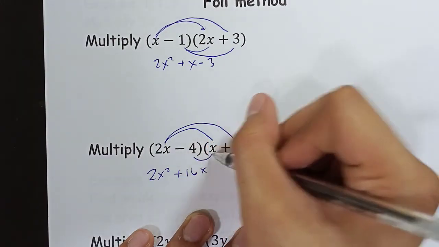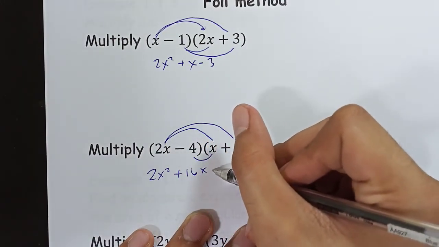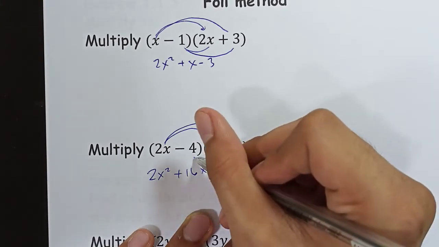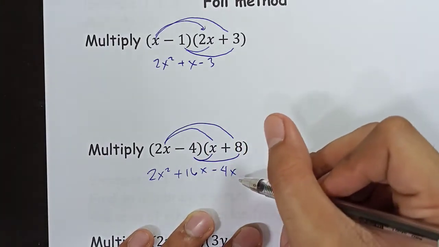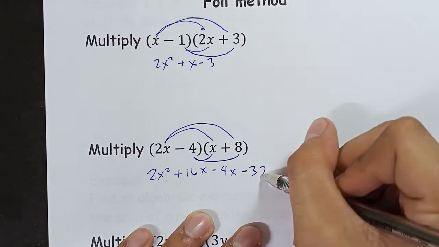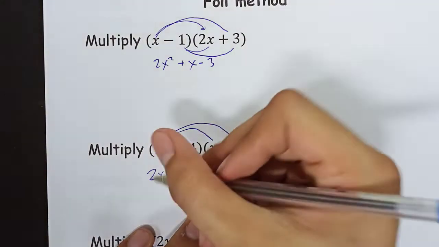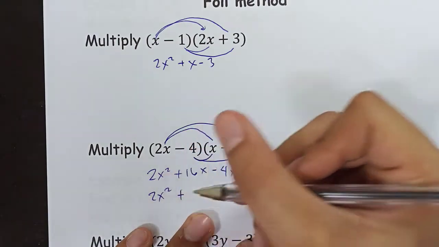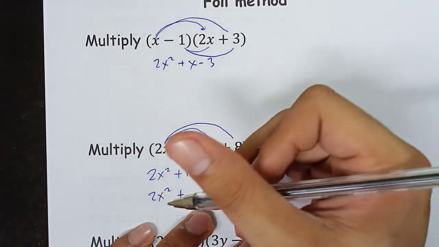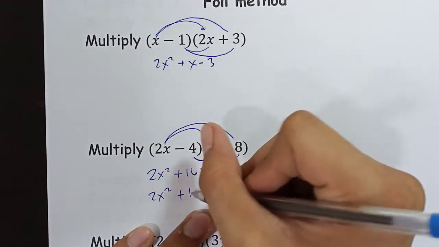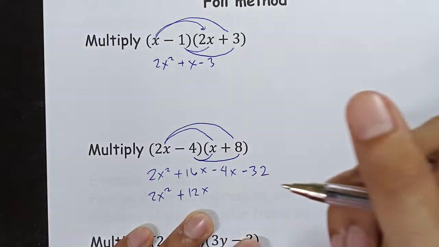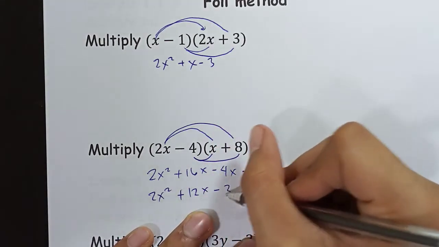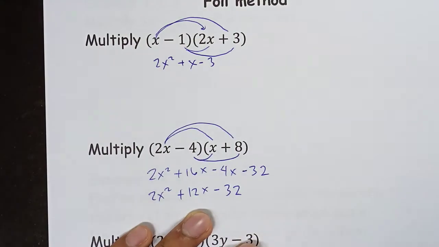The negative 4 times x is negative 4x. The negative 4 times 8 is negative 32. Then simplify. 2x squared plus 16 minus 4 is 12, plus 12x minus 32. So, that's it.